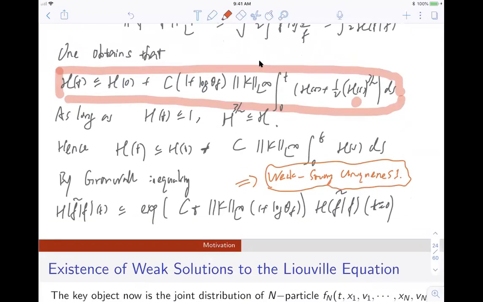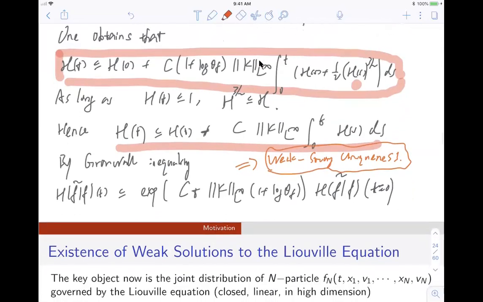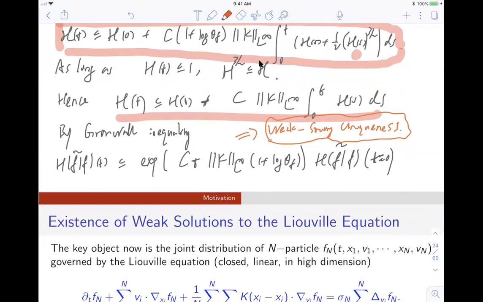So we can just get this, and using the integral-type Gronwall inequality again we get the estimate of the relative entropy. And you can see this is the L infinity norm of the interaction kernel K. And this is our assumption on the smooth solution f.